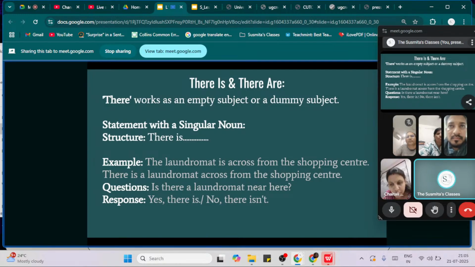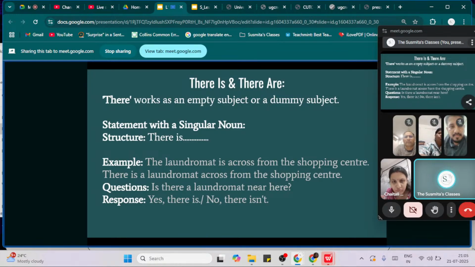We are just using it in the sentence to frame that sentence in a different way. I can just say laundromat is across from the shopping center. Okay, that also makes sense. But as I said, here we are learning how to make different types of sentences. So we are instead saying there is a laundromat across from the shopping center, and laundromat को replace करने के लिए मैंने word use किया one, जो हमने unit number 3 में सीखा था, one as a pronoun. Correct? So there is one across from the shopping center.